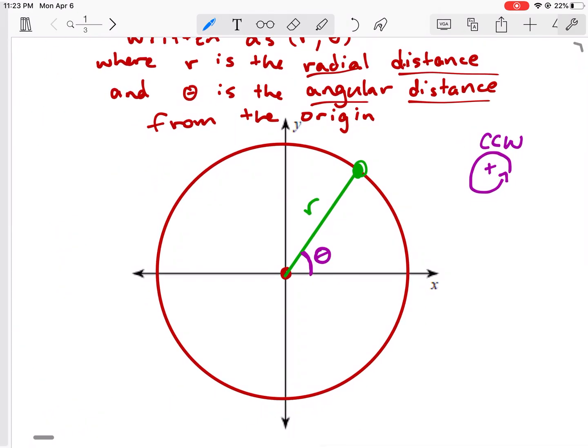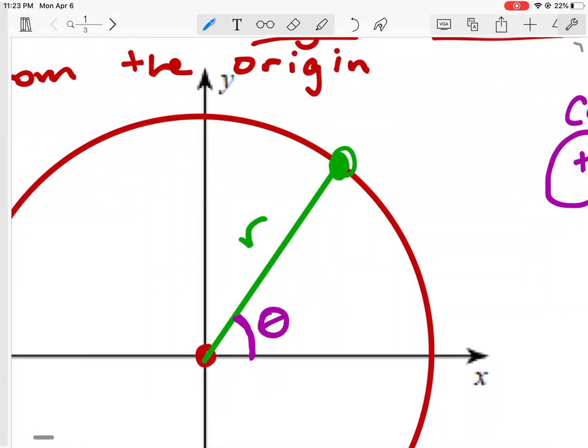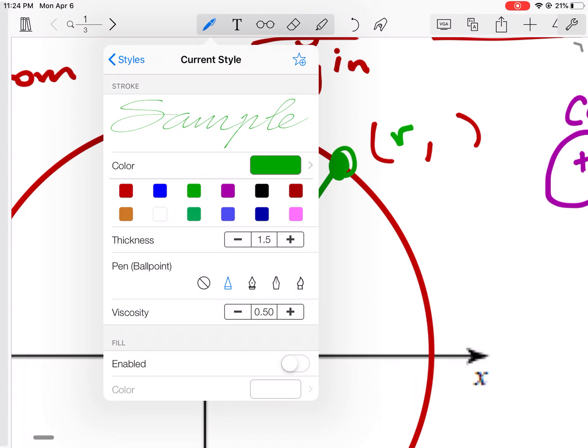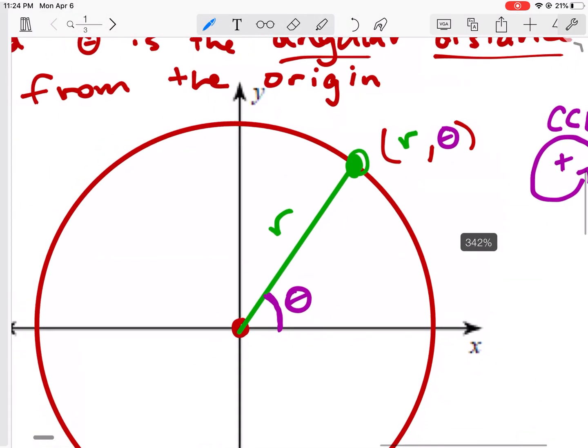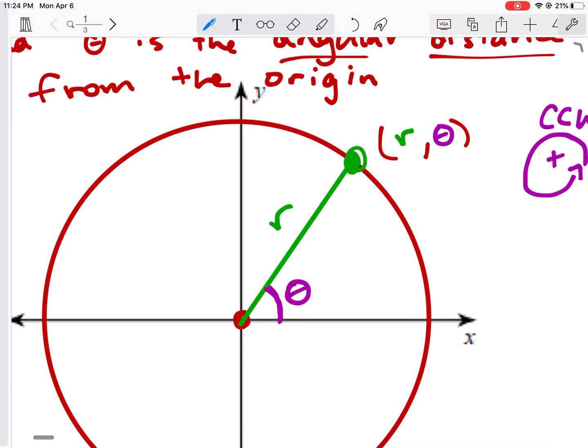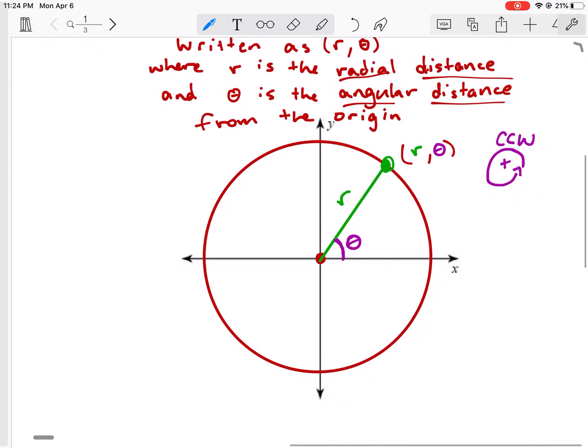And that's what our polar coordinates will look like. So this point right here is written as r, comma, theta, where r is the radial distance and theta is the angular distance. And this point was nicely in the first quadrant there for us.